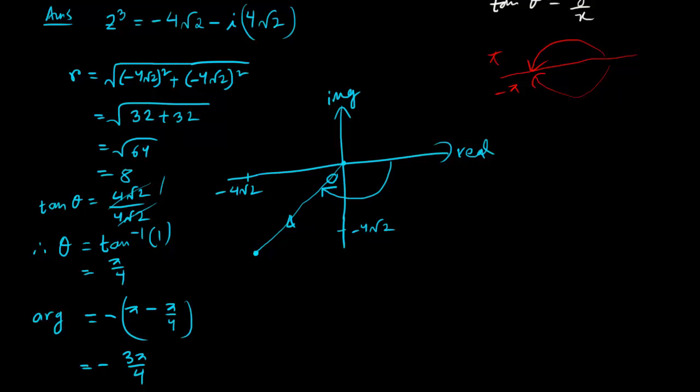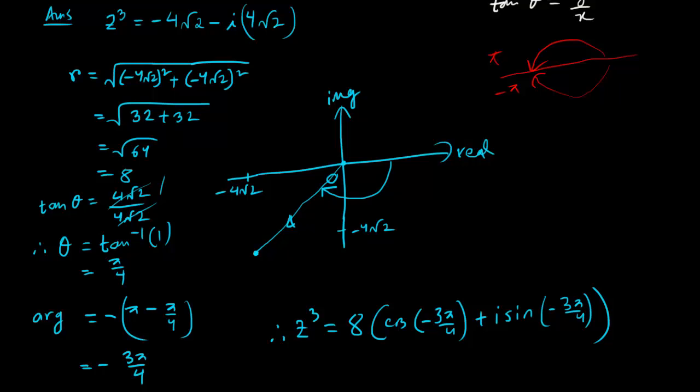Remember, the argument can either be 0 to pi or 0 to minus pi. So since we have expressed it in the modulus argument format, we can write z cubed is equal to 8 cos minus 3 pi by 4 plus i sine minus 3 pi by 4, and that's it.